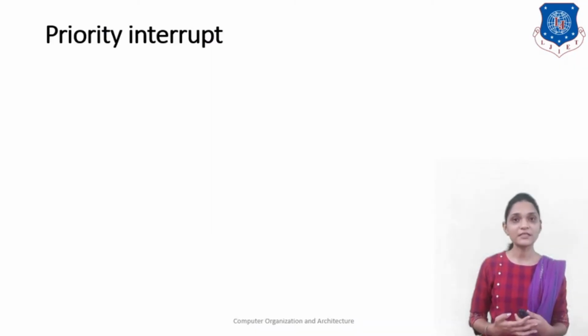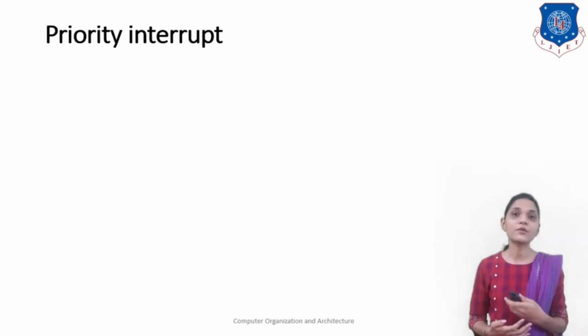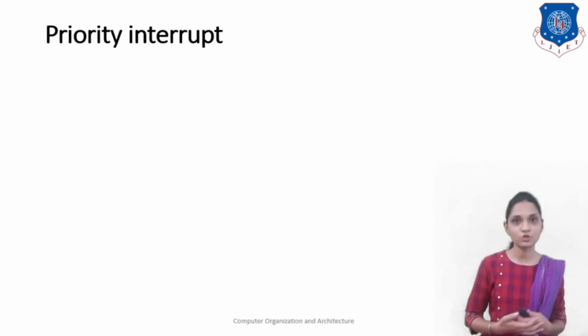There is a possibility that you get two or more interrupt requests at the same time. At that time, you have to prioritize which interrupt you will serve first. So you will require a prioritizing method, and that can be done by priority interrupt.